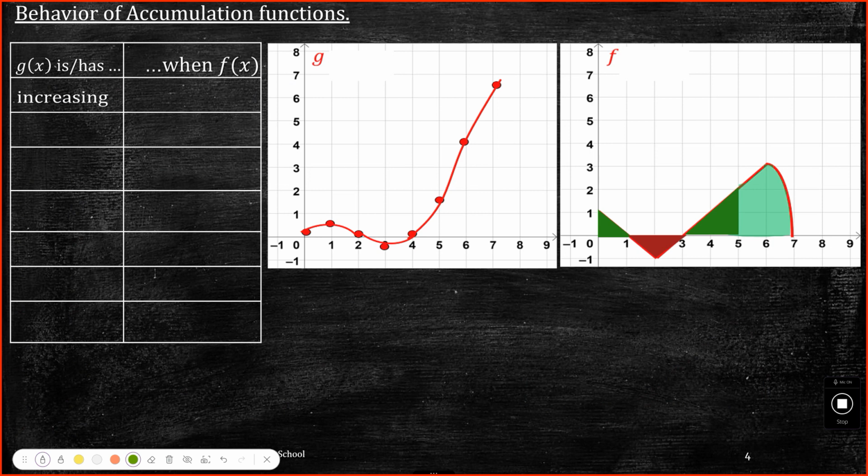G of X is increasing. If we're talking about G as a position function, increasing means that it's doing what?